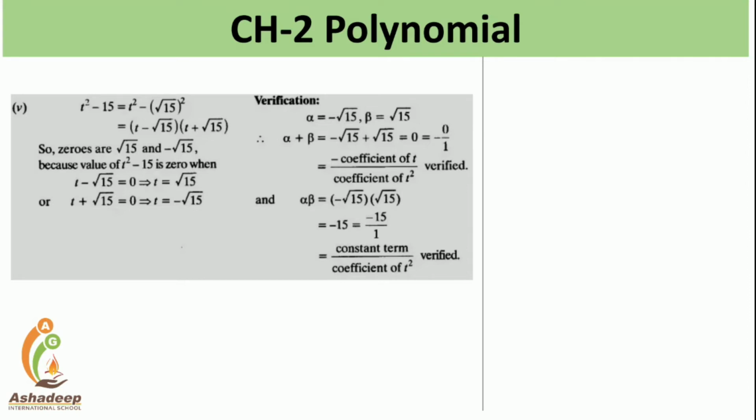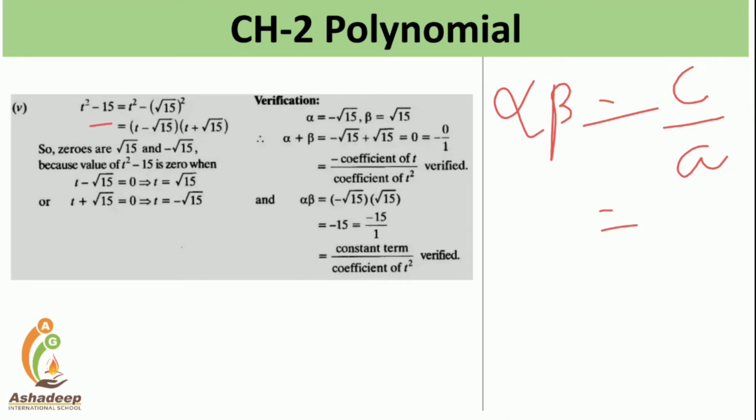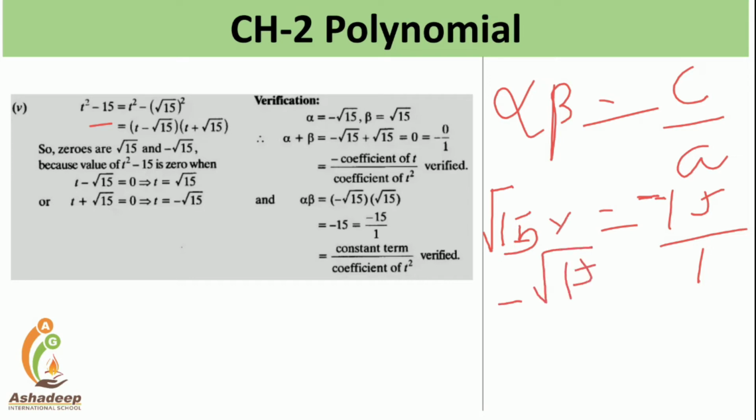Now alpha into beta is equal to c upon a. What is the value of c? What is the value of a? 1. What is the value of alpha? Square root of 15. Sorry, here the value of c is minus 15. So it's square root of 15 into minus square root of 15, right?